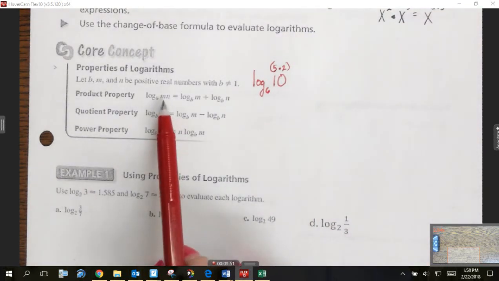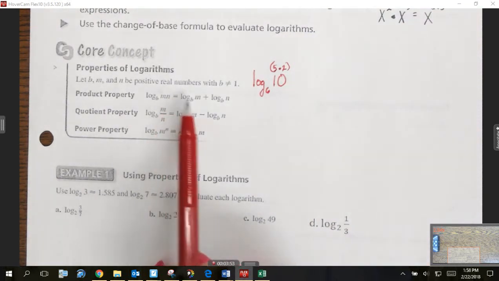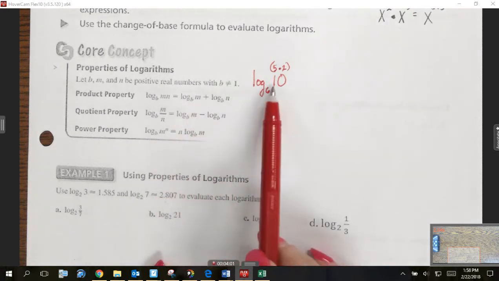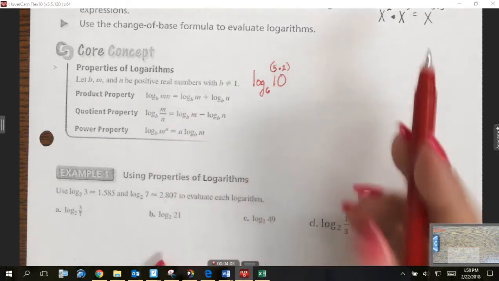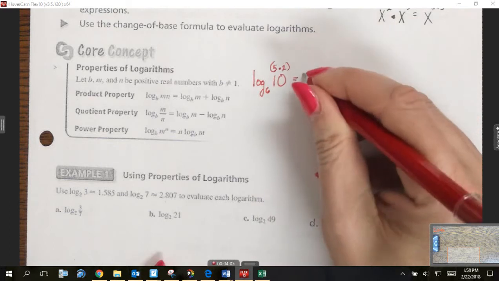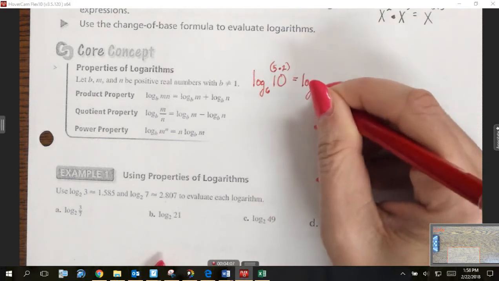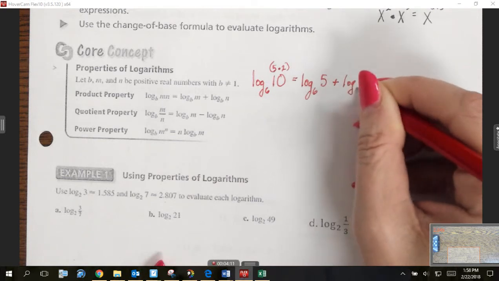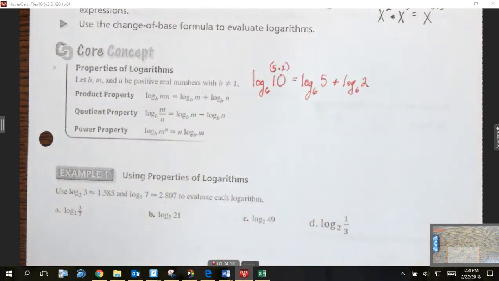So what this says is, if I have 2 numbers that multiply, I can expand this out to be separate logarithms of each of those factors of 10. So instead of multiplying, we're going to separate the logarithms, and we're going to add them. So that is using the product property.